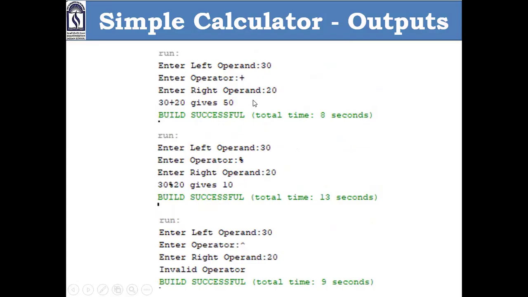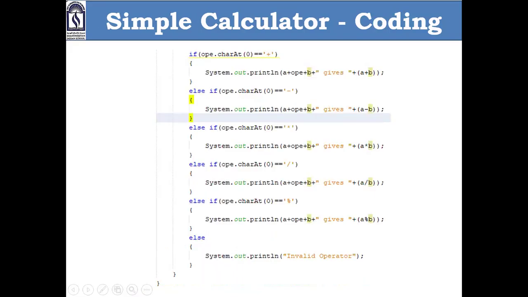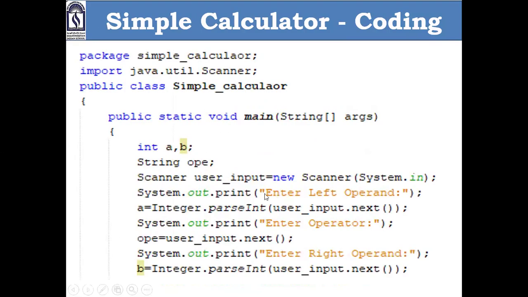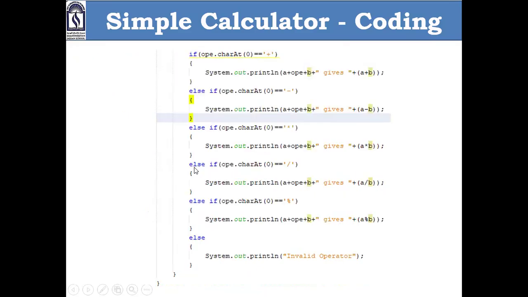What will happen, sir, if I give something other than plus, minus, star, slash, percentage? For example, I give the caret symbol. Caret is not an arithmetic operator. In this case, a is assigned 30, b is assigned 20, and op is assigned the caret symbol.